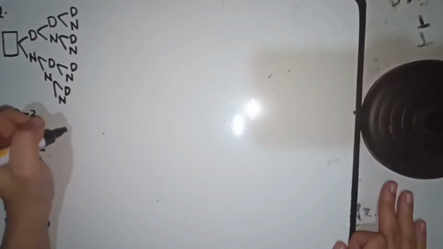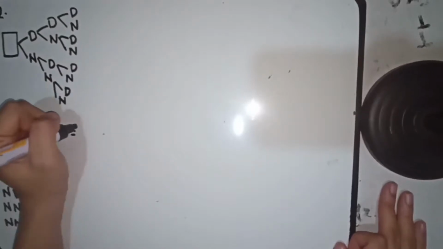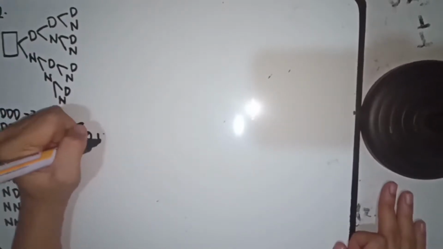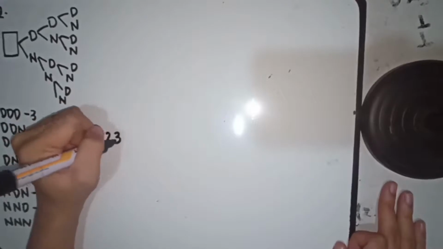Second, we have 2, 2, 1, 2, 1, 1, and 0. So for our random variable X, the values are 0, 1, 2, and 3.